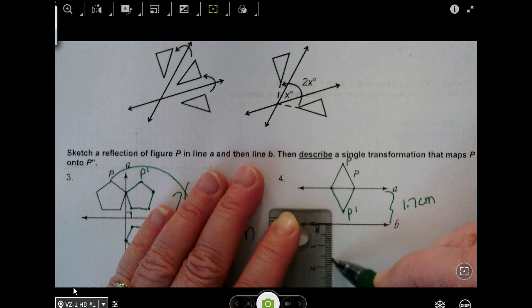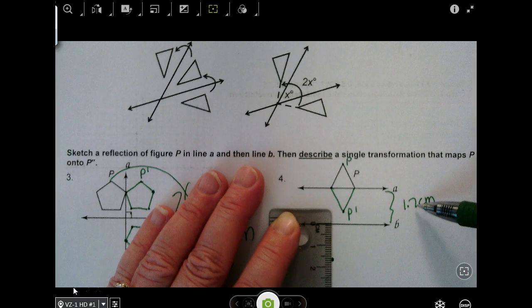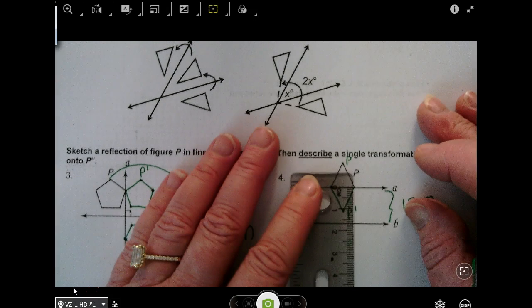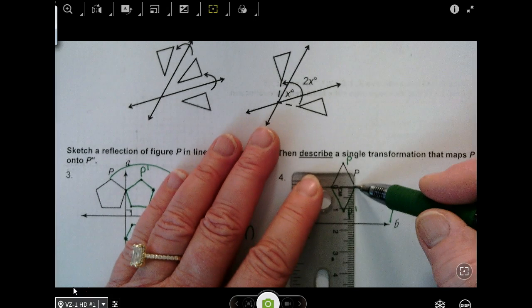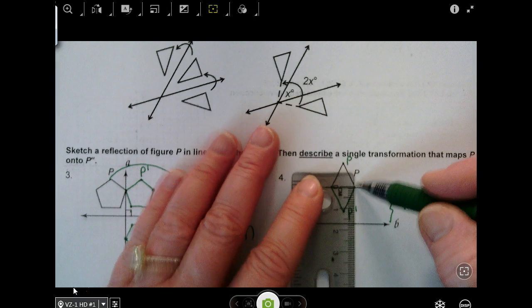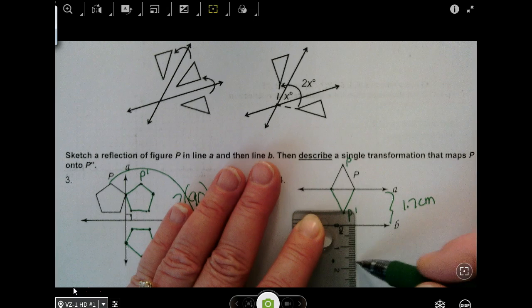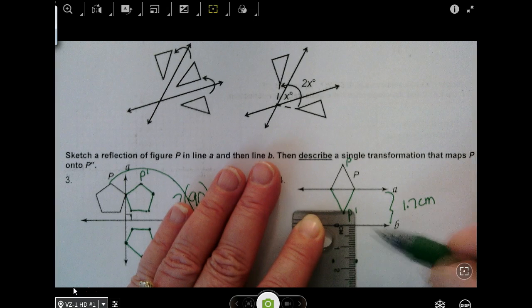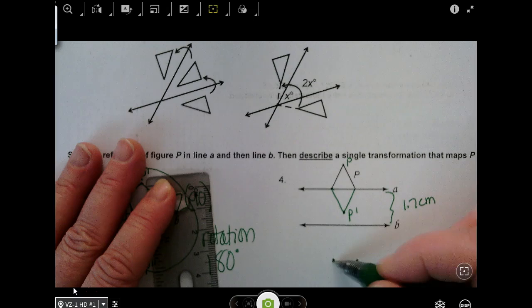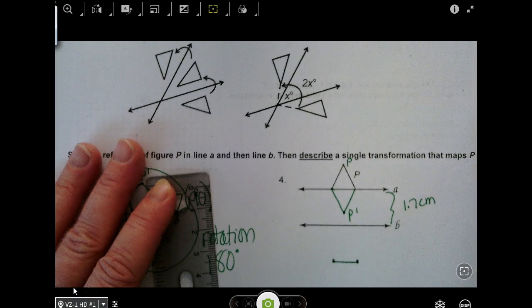Now it should make sense that this distance is twice 1.7. I'm going to get the one that was on line A on the right side, slide down from it, and go 1.7 to the other side. That's the bottom of the triangle.